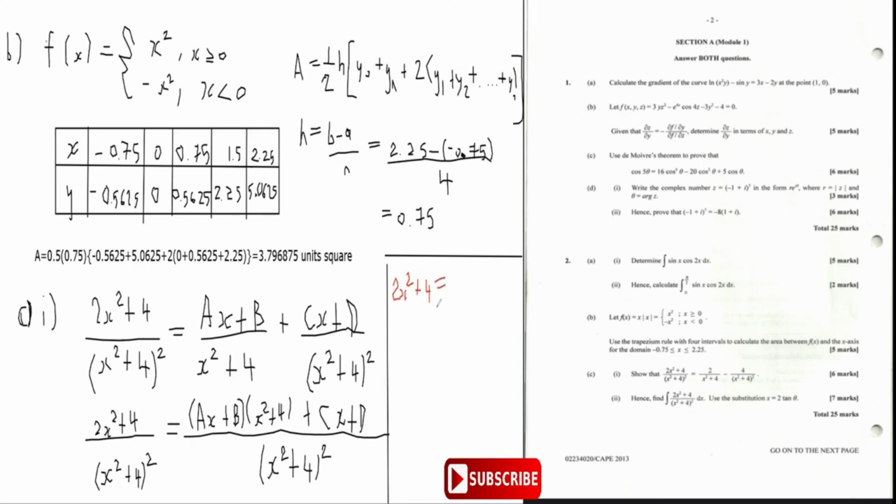We can expand that to get ax cubed plus 4ax plus bx squared plus 4b.